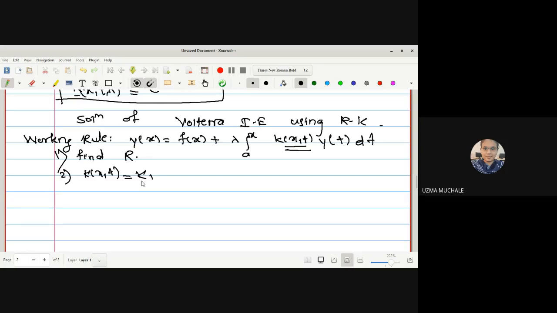And suppose the sum of the above infinite series exists, that means whatever R of xt we are going to find, it is an infinite sum.